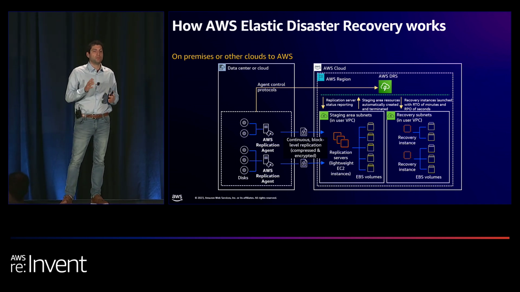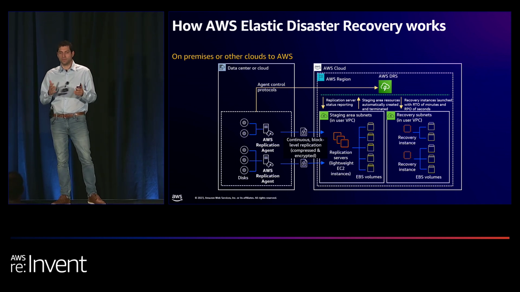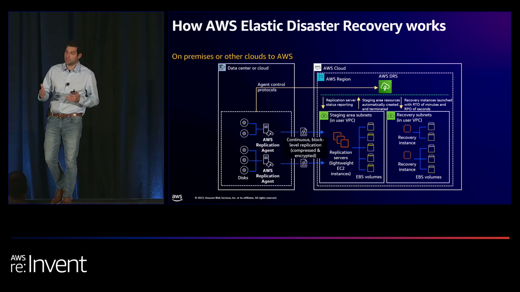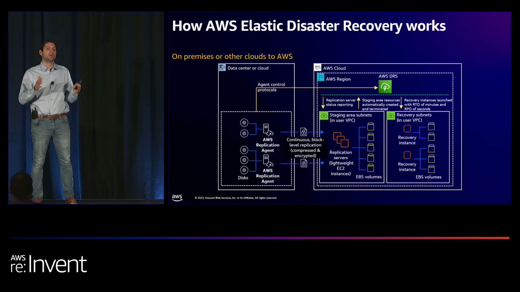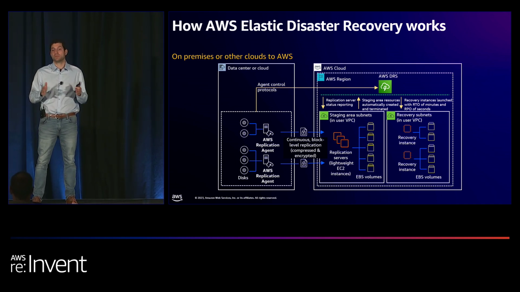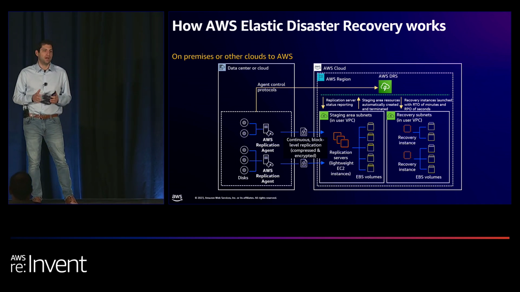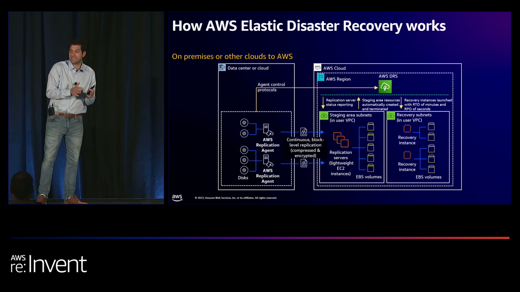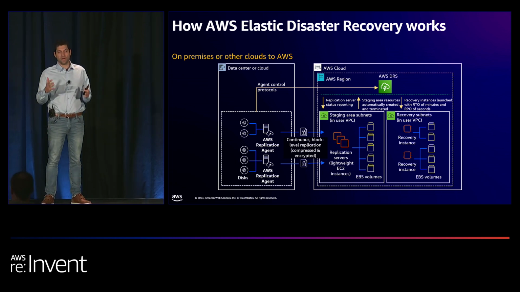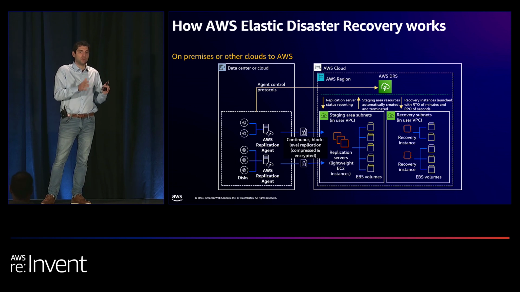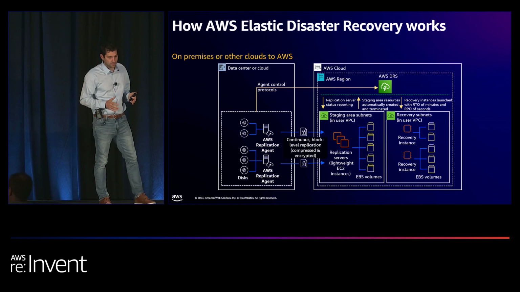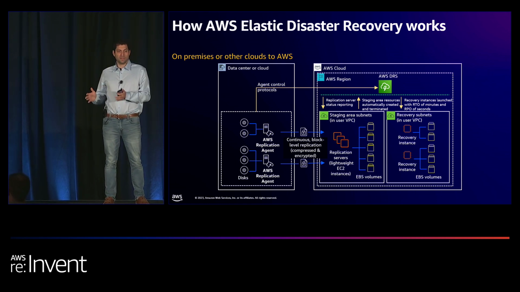So DRS will automatically toggle between different volume types depending on the change rates of data on the source to keep cost as low as possible all the time. But still, the data is there. So once we need to recover, we have the latest data, even though in the ongoing state, we cut cost drastically.